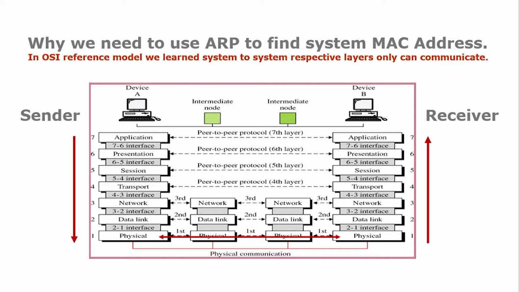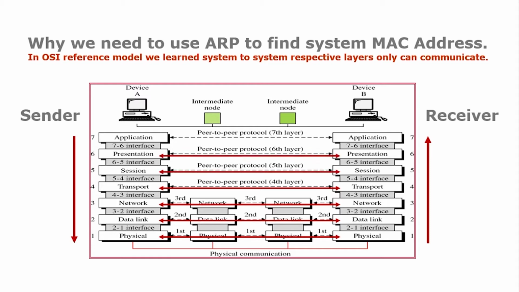That means layer 1 will communicate to layer 1, layer 2 data link must communicate to layer 2 data link of another system, layer 3 network layer will communicate to layer 3 network layer, transport to transport, session to session, presentation to presentation, and application to application. This is the communication between two different systems.